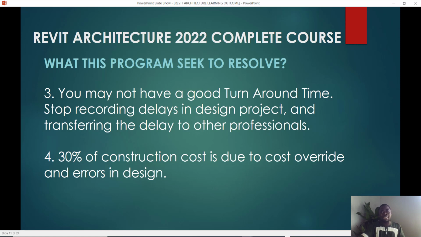So the design is done and given to the quantity surveyor, and then there are challenges and issues, and a lot of assumptions. When you have complex designs with complex geometry, where you want to find areas and volumes, it becomes a challenge. That will add up to errors due to approximation.